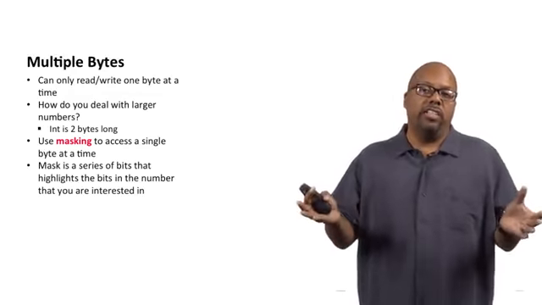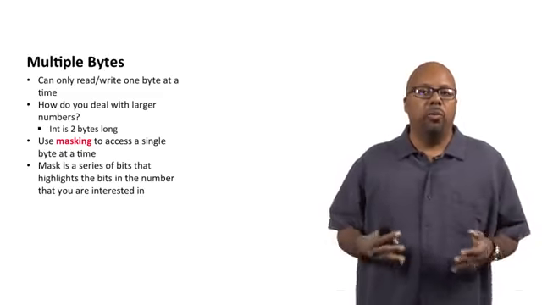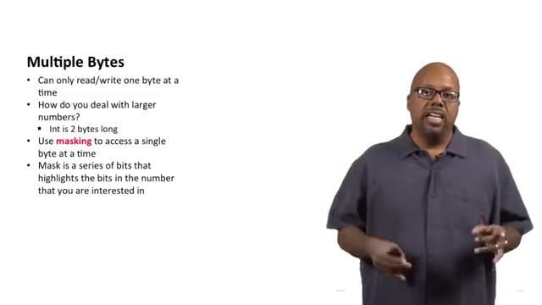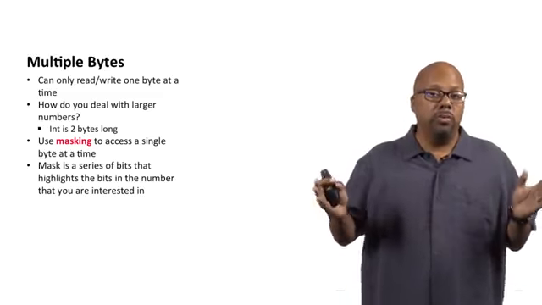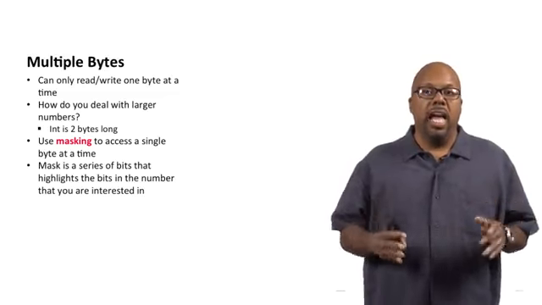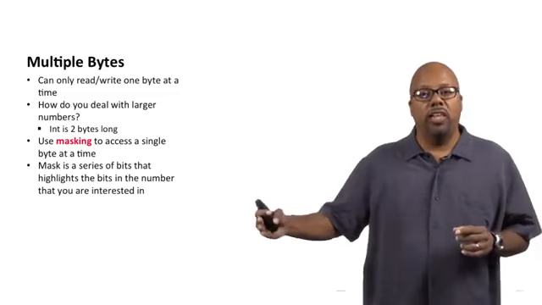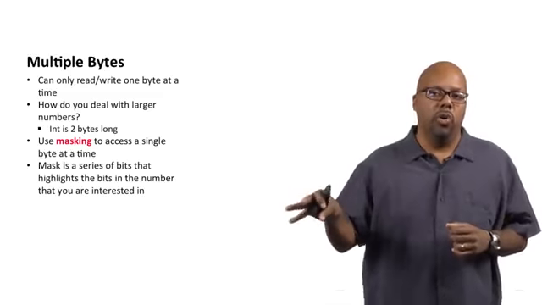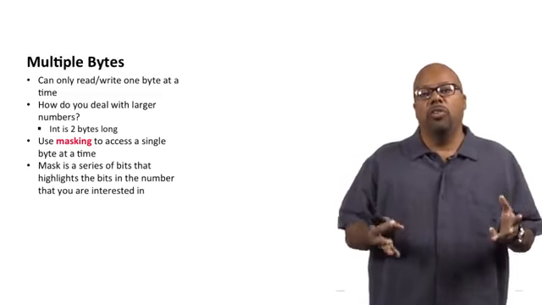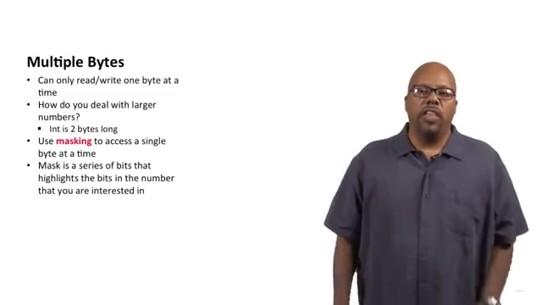If you've got a 16-bit integer and we're interested in the high 8 bits, then the mask is also going to be a 16-bit number. The high 8 bits will be 1s and the low 8 bits will be 0s. The bits that are 0s are the ones that we're going to ignore. The bits that are 1s, which will be the high 8 bits in our data, will be the ones that we're going to focus on. So that's what a mask is.